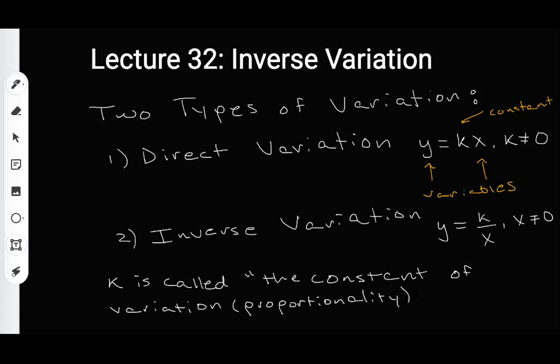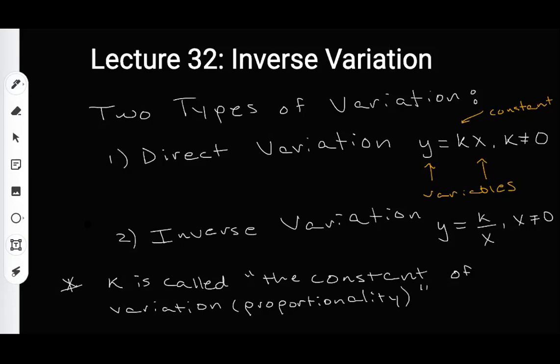And that just means that k is the proportions between x and y. So k is often going to be called the constant of variation, or it's going to be called the constant of proportionality. So I'll put a star beside that. So x is a variable, y is a variable, but k is a constant. So it's just going to be a number.